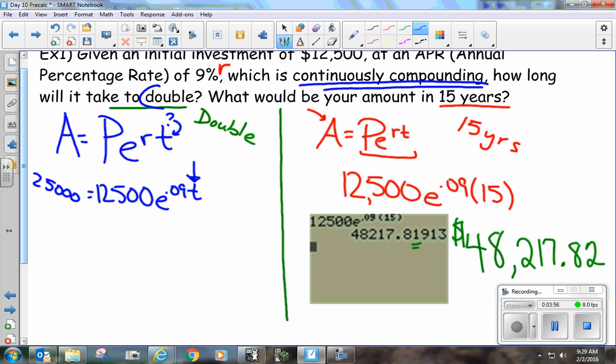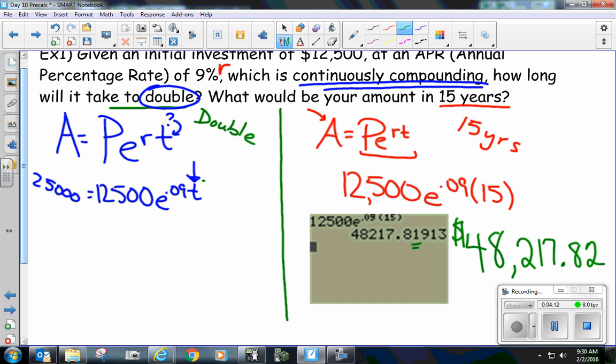That's my double. Okay? Now, in order to bring an exponent down, I use logs, right? And in order to do that, I need to get that exponent with its base alone. So I need to get this exponent here with its base attached to just the E alone. So what do I got to get rid of on the right side?